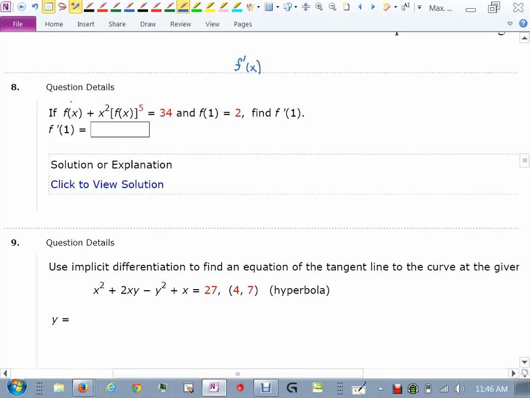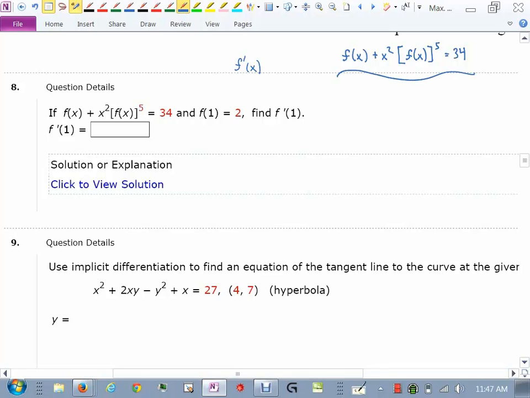And so if you look at this as a y and that's a y, we're doing implicit differentiation, but instead of saying y prime, we're going to say f prime of x. So let's take derivative of this, f of x to the 5th power, this equals 34.